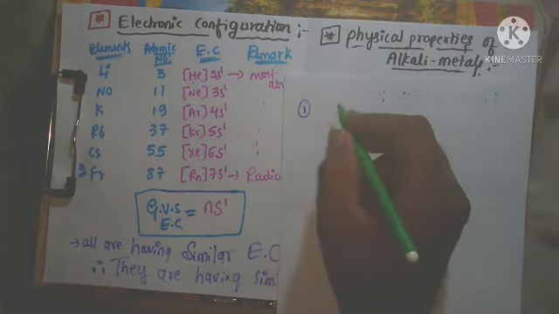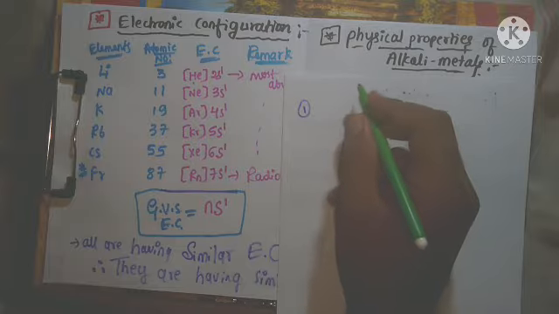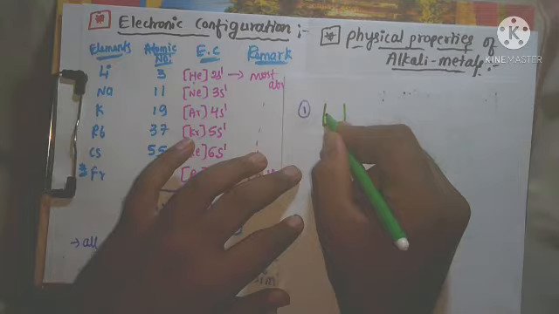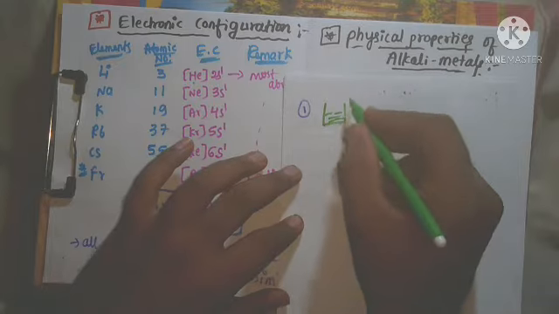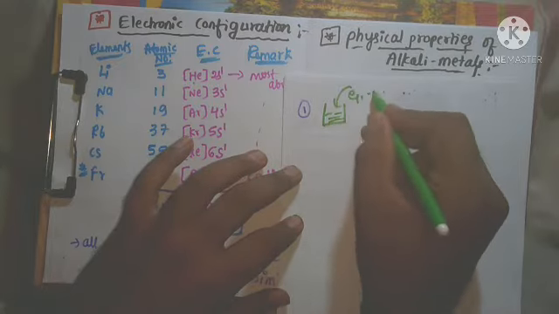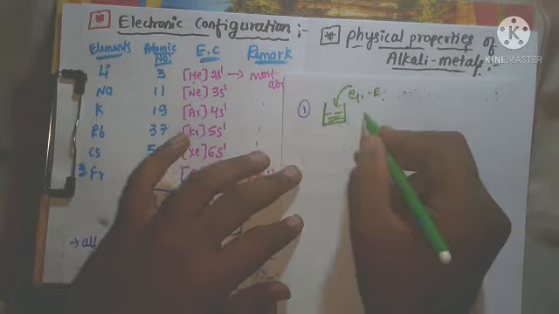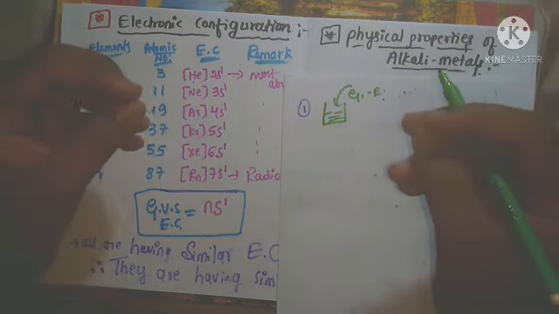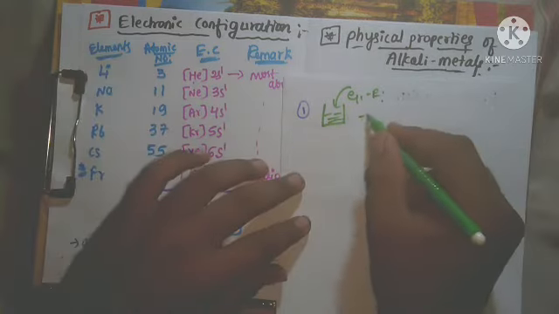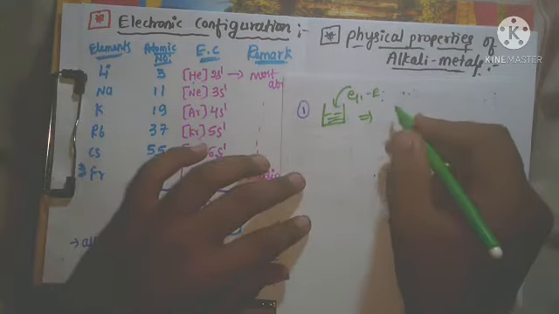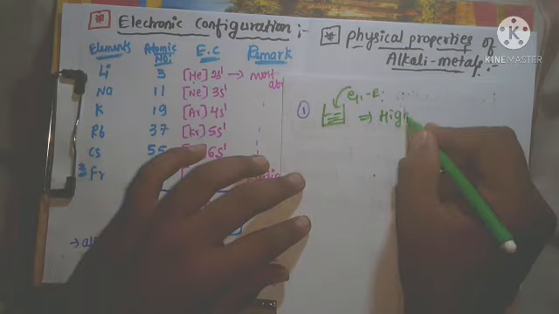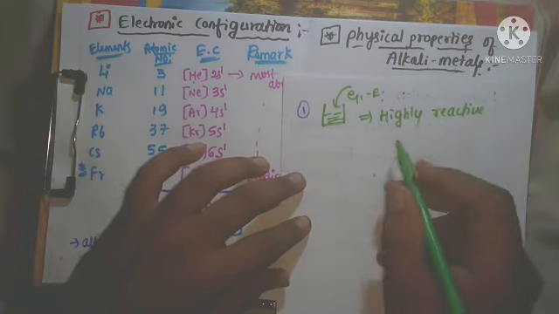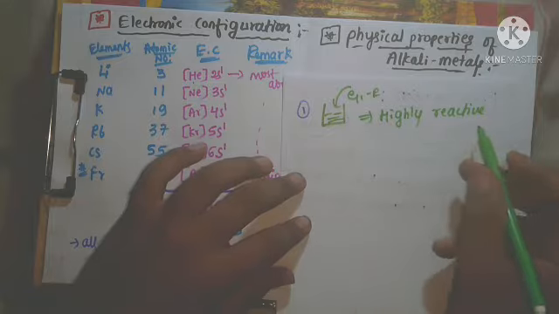Now first, if you add group 1 elements, alkali metals, into the water, immediately the reaction will take place, within a fraction of a second. Means group 1 elements are highly reactive. The first point is that group 1 elements are most reactive.